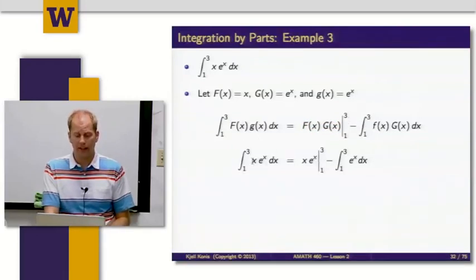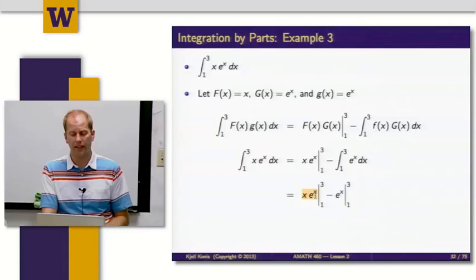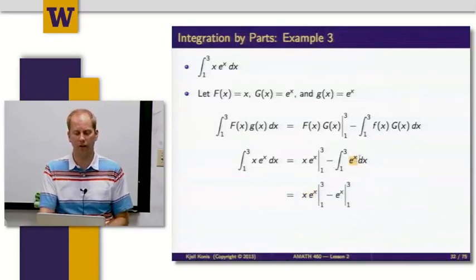And so I'm going to get this line just by plugging in the functions I've worked out into this formula here. And so this is my capital F and my capital G. And then this one was easy to do just because it's its own antiderivative.